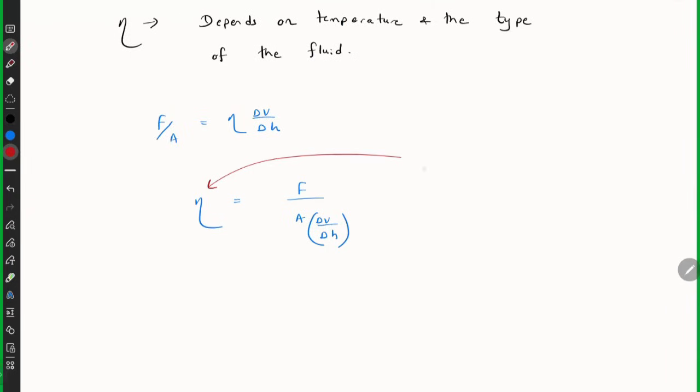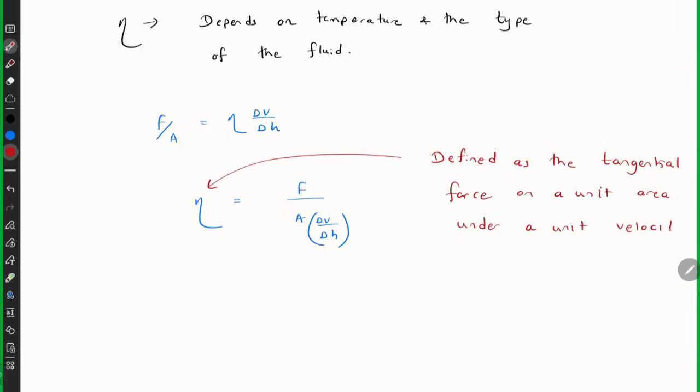Coefficient of viscosity is defined as the tangential force on a unit area under a unit velocity gradient.